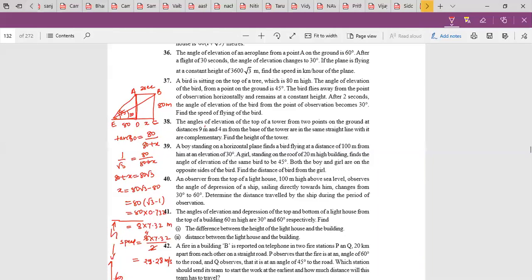Ma'am, the 40th one, is the answer 115.46 meters? 115.46, yes, right.